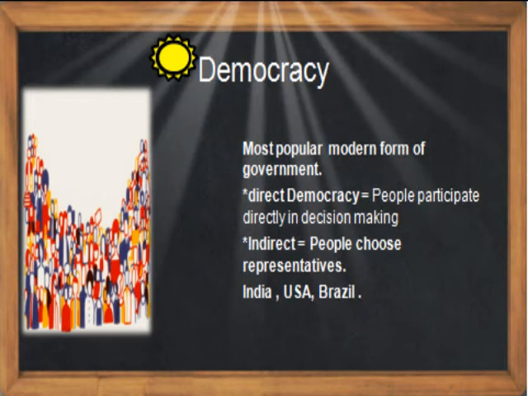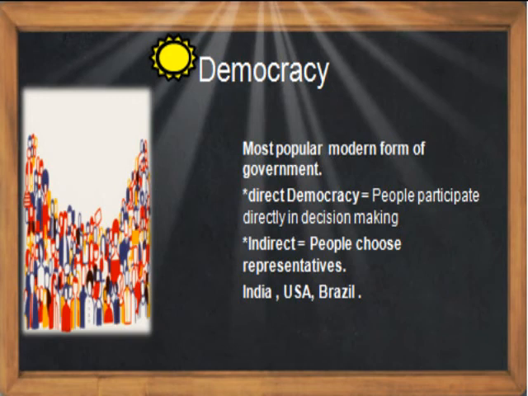It was earlier there in Greece, right, where the population was small, so direct democracy was possible. On the other hand, there is the example of indirect democracy, which is very common nowadays. This is also known as representative democracy, because here citizens choose the representatives, and these representatives take decisions on behalf of their people, right?